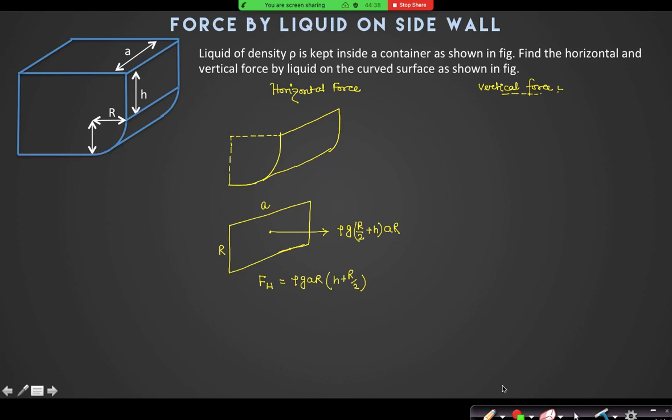If I draw the free body diagram of this entire part of the liquid that is above this circular part, let me draw the cross section view only. Can you see that cross section view of the liquid?